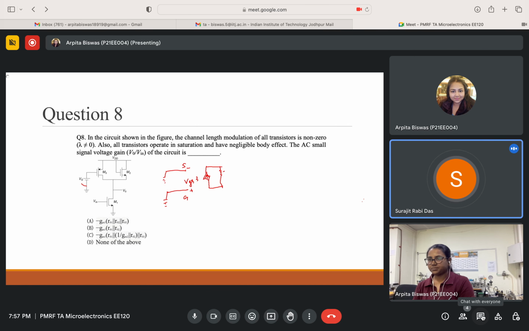Yes, this is gm VGS3, and this is r03. Which drain is connected with which? This is the drain.